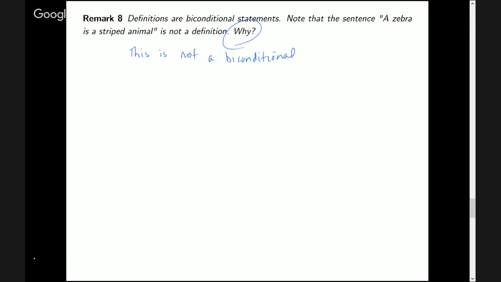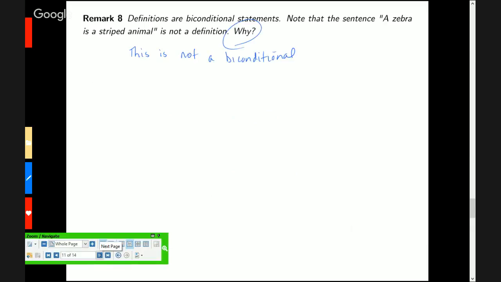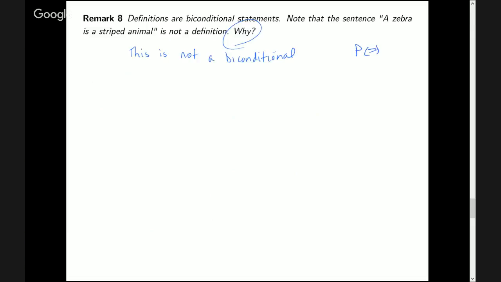It doesn't go back the other direction. So watch that. They're going to ask you that question on your homework too. A biconditional statement has two parts here, and an if and only if in between. So those are multiple reasons why that sentence is not a definition. You could reword this sentence to be, if it is a zebra, then it is striped.